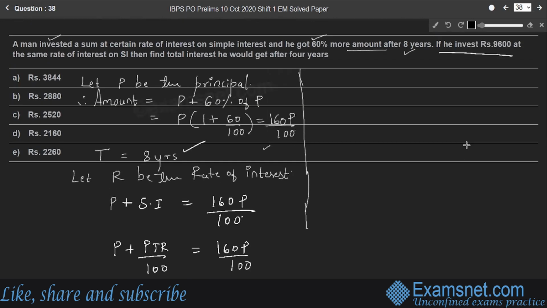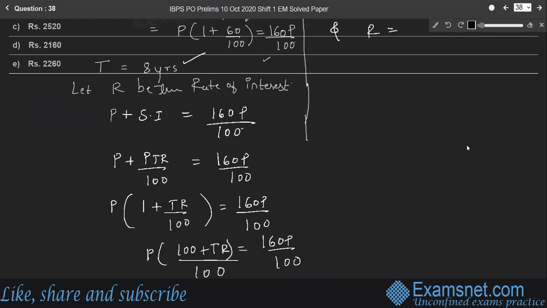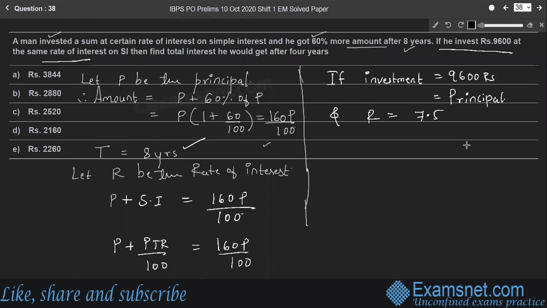So, second part, if he invests 9,600 rupees, investment is nothing but principal, at the same rate of interest, that is 7.5%, on simple interest, and find the total interest you would get after 4 years.